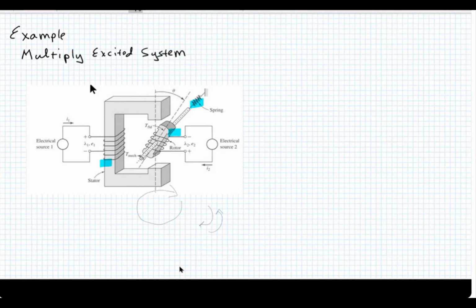But anyway, I've got two windings, and so lambda 1 is on the stator right here, and lambda 2, winding 2, is on the rotor. And you could go through a lot of chapter 2 type of analyses and come up with inductance expressions for this.